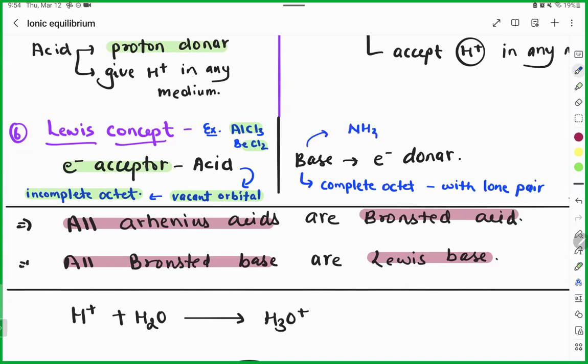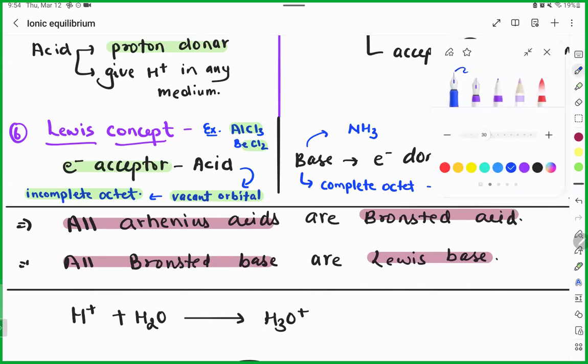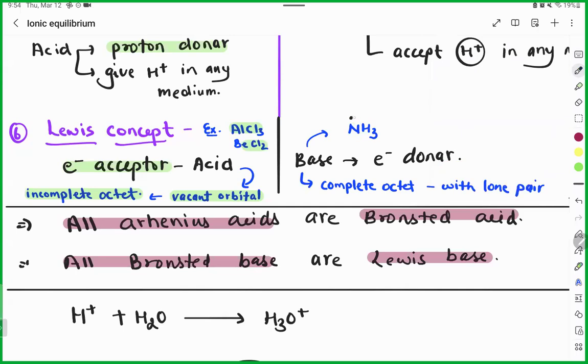If you see, ammonia has complete octet because nitrogen has total 5 electrons in outermost shell, 3 from the hydrogen, total 8, complete octet. And this has lone pair here. So it is base. It is electron donor. Because it has extra lone pair, only then it can donate lone pair. Make sense?